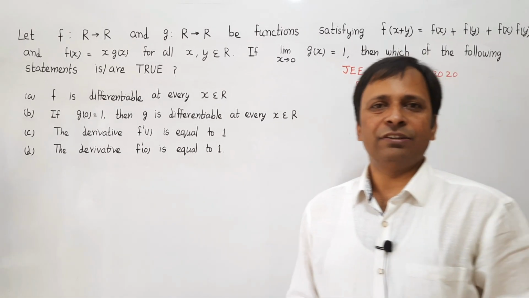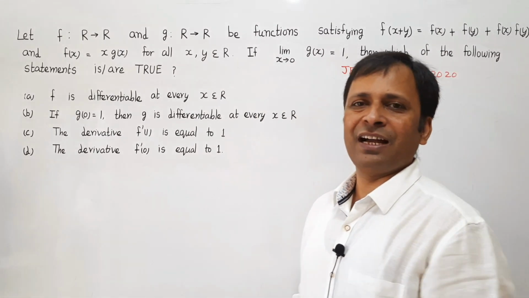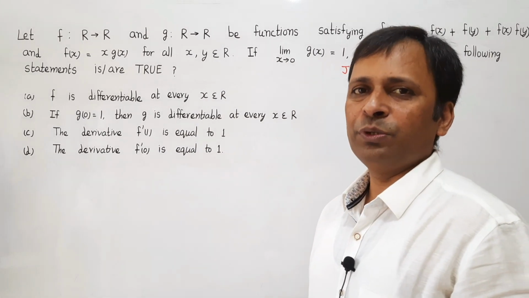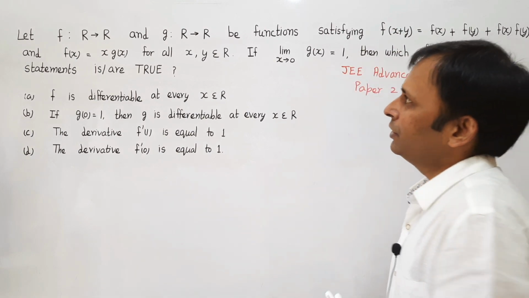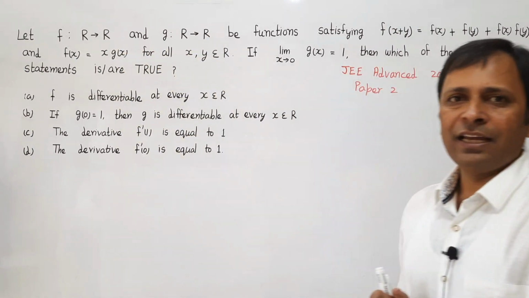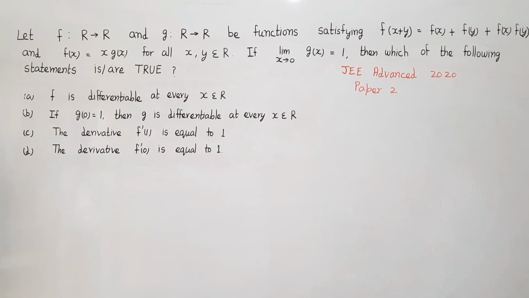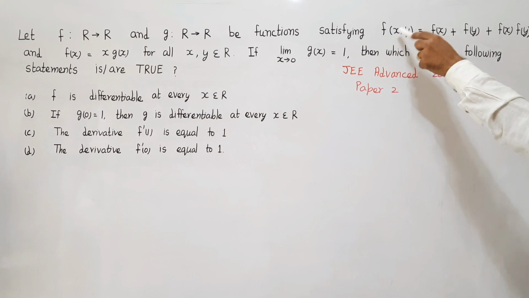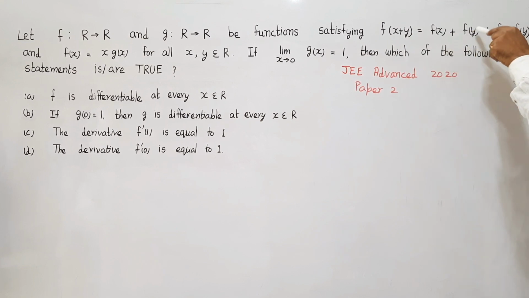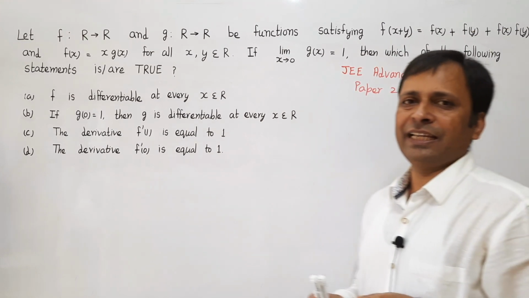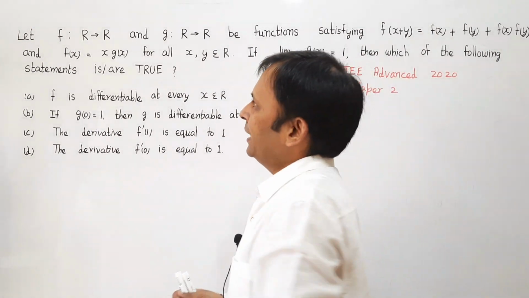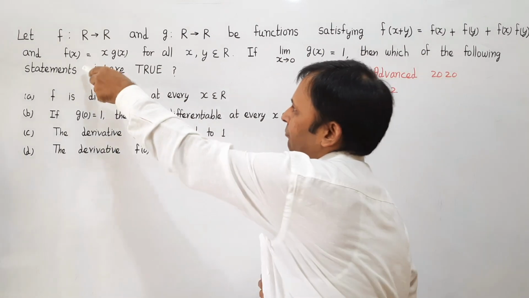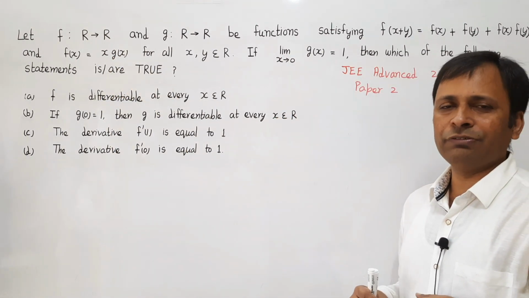We are now taking a very challenging problem which was asked in the JEE Advanced 2020 Paper 2. In this question they have given us two functions f and g. About the function f(x), they have given us that f satisfies the functional equation f(x+y) = f(x) + f(y) + f(x)f(y), and then a relation between f(x) and g(x), that f(x) = x·g(x).